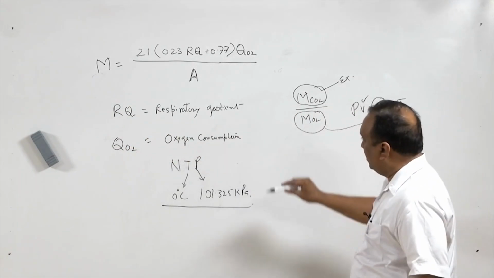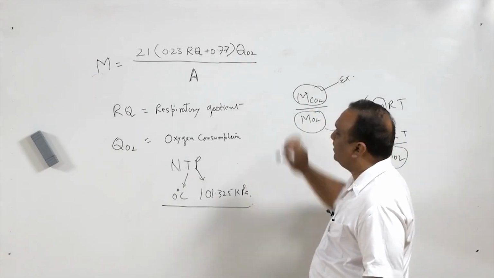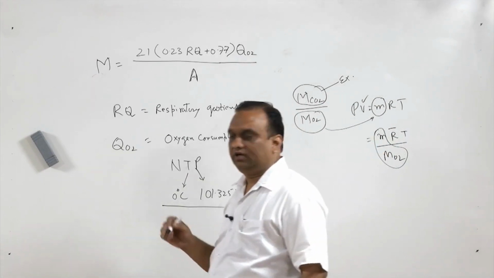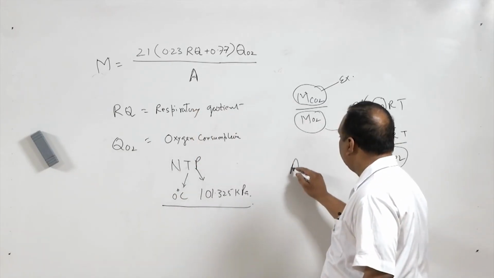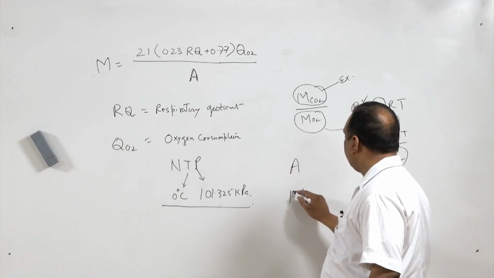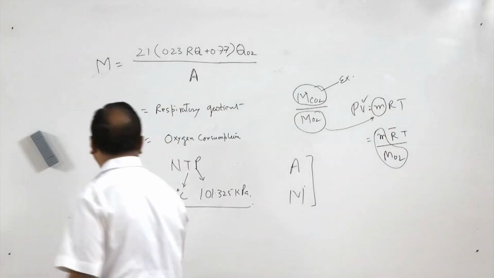Now having the value of respiration quotient and oxygen consumption, metabolic rate can be found out. So in a human body, now we can calculate the area, we can find the metabolic rate of the human body, and metabolic rate is important.